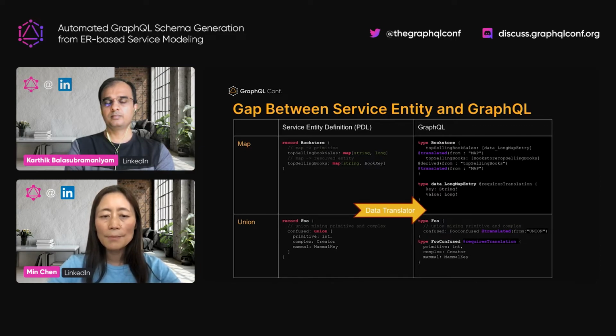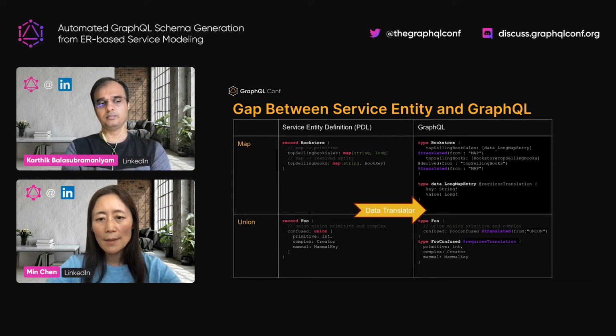The union can actually mix primitive types and complex types together, which is not supported in GraphQL. For this, we convert our PDL union to a record where each union member, for example the primitive and complex members here, will become an optional field of this object type.